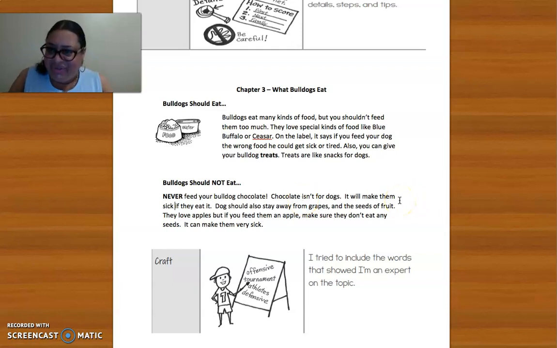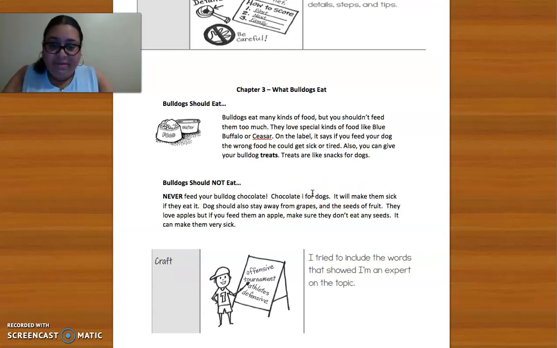Well, I think there's a stronger word that I can use instead of saying it will make them sick, because actually it'll do something worse than make them sick. It's actually deadly and poisonous. So I think I need to include those two words, deadly, poisonous. Chocolate isn't for dogs. I think I should say chocolate is deadly for dogs.